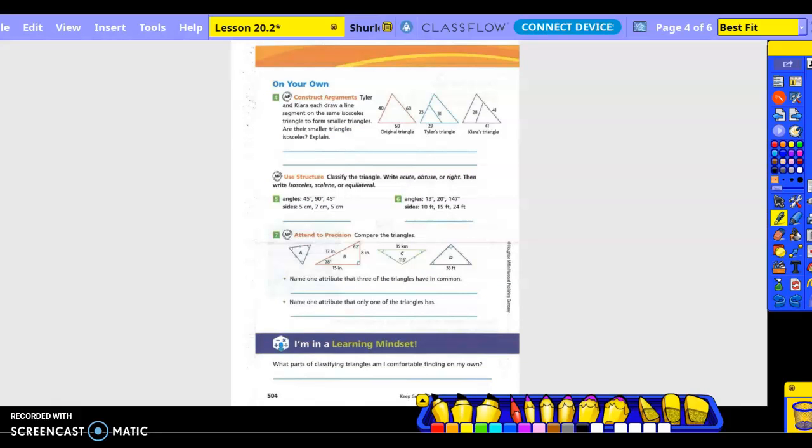On your own, number 4, construct arguments. Tyler and Kiara each draw a line segment on the same isosceles triangle to form smaller triangles. Are the smaller triangles isosceles? Explain. So, yes or no? Or is one and the other isn't?